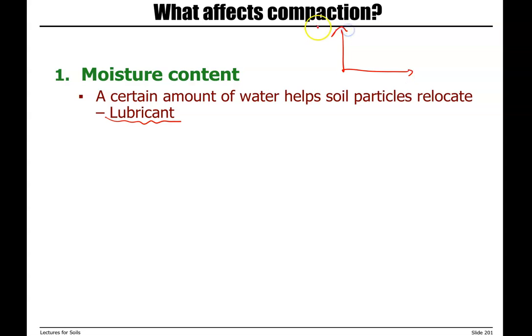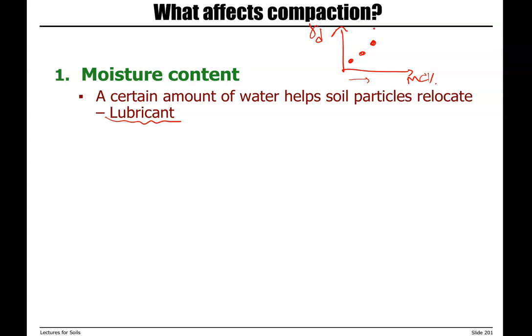So if we look at level of compaction or maximum dry density versus moisture content. At the beginning, when we have very low moisture content, we have a low level of compaction, low dry density. When we increase moisture, it keeps going up.